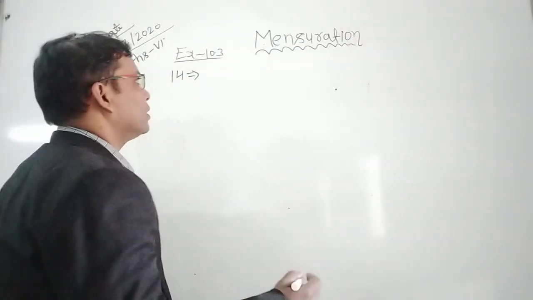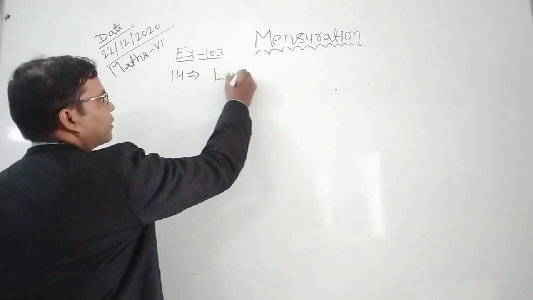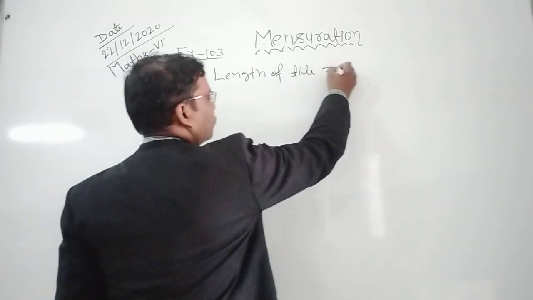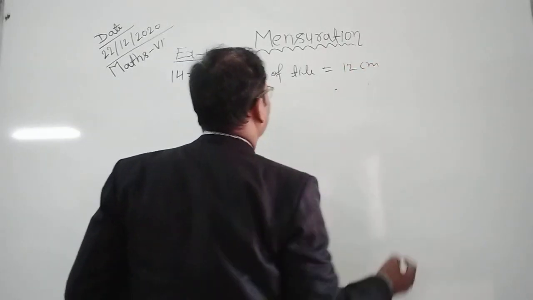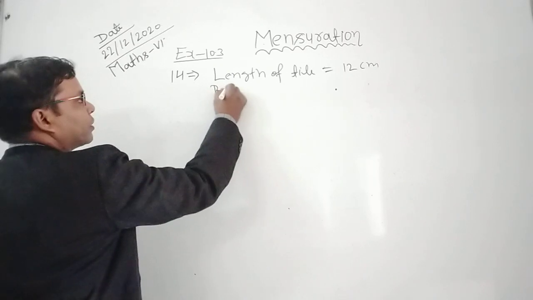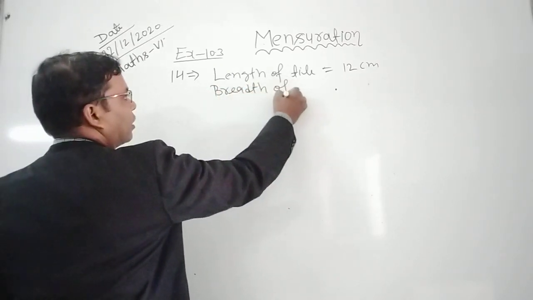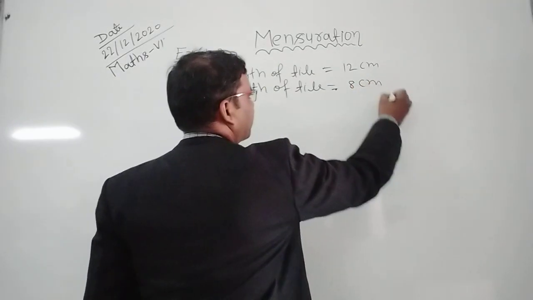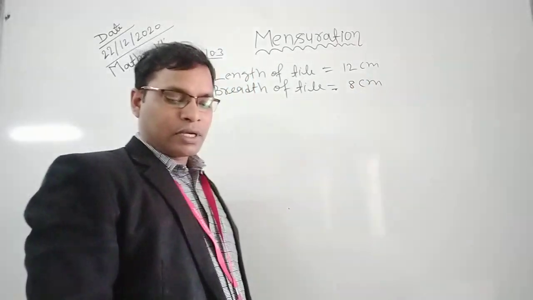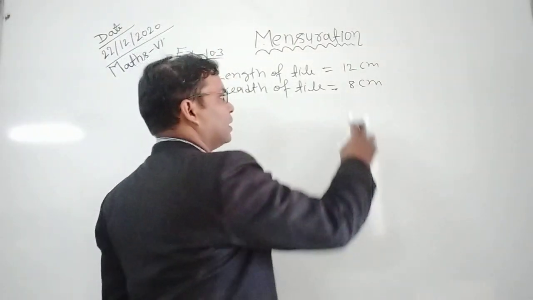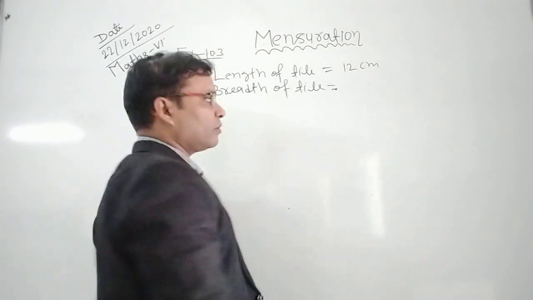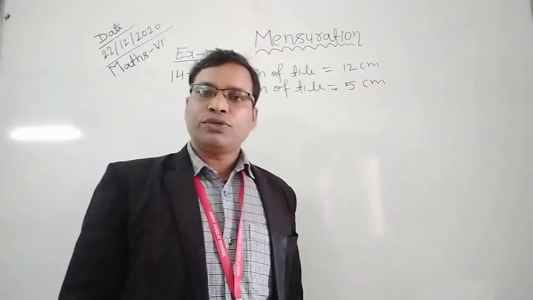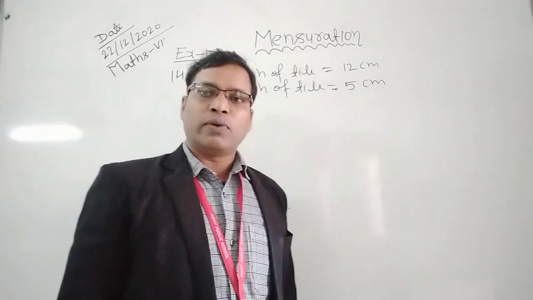So first we write: length of a tile is equal to 12 centimeters, and breadth of a tile is equal to, sorry, breadth of a tile is given here 5 centimeters.